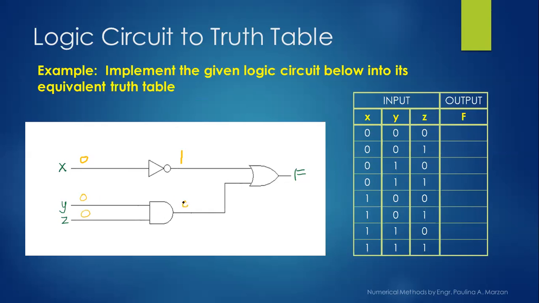So that is 0 and 0 equals 0. Since this terminal is 1 and this terminal is 0, 1 or 0 is equal to 1, right? So f then is equal to 1 when x is 0, y is 0, and z is 0.